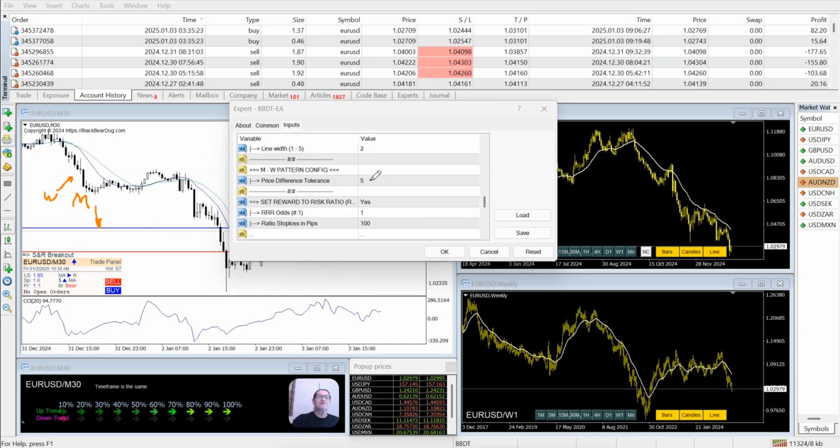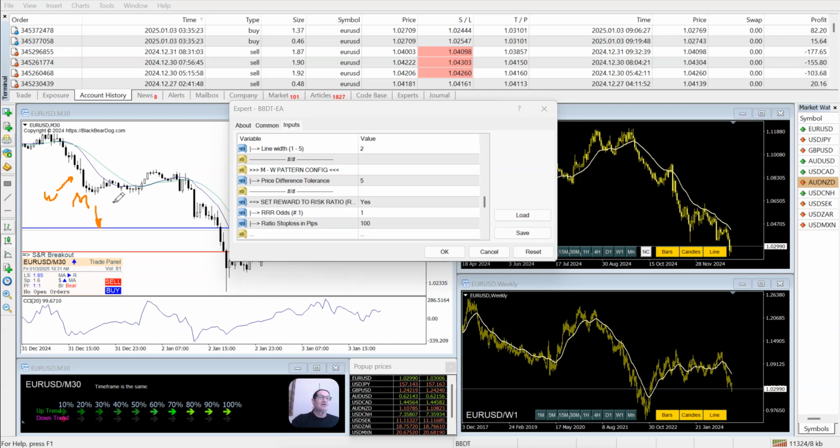The tolerance determines how far the distance is from the midpoint to the top. Same for the W, from the midpoint to the bottom. The larger you make this number, the greater the pattern will be.